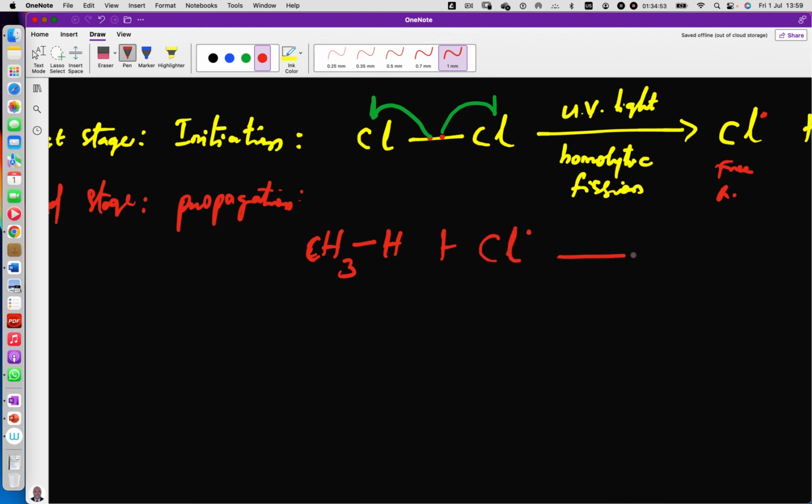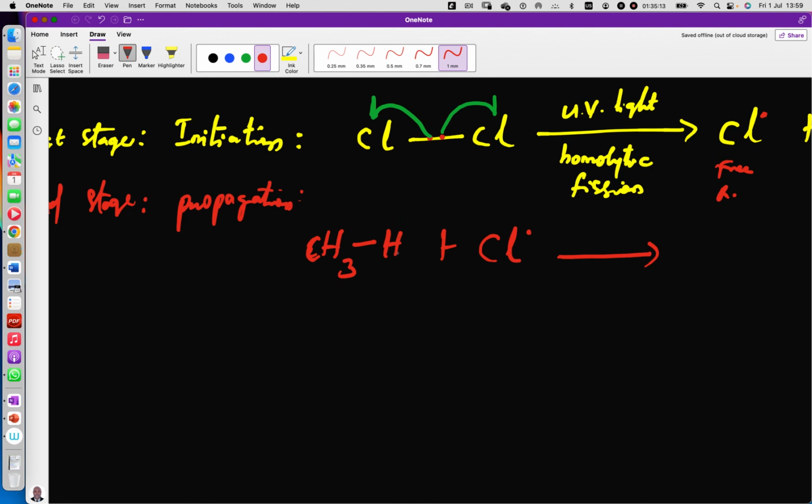So what happens here is that the methane molecule will break. This will be homolytic fission.